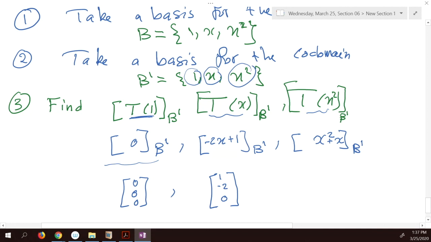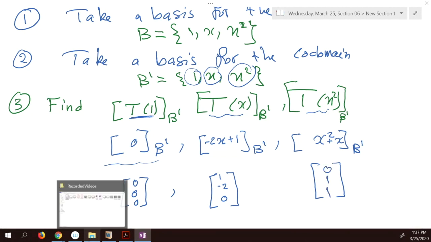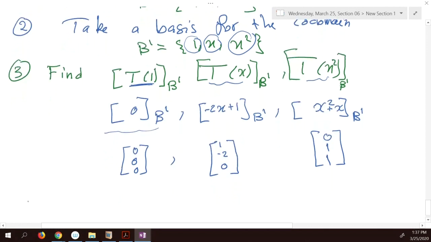It is 1, negative 2, 0. Okay, now what about this one? 0, 1, 1. All right, so now we got the answer. Hence, the matrix that we are looking for, this is number 4.